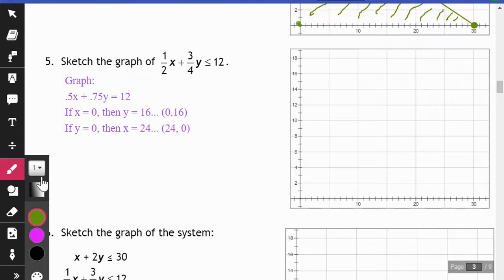I'm going to graph them in purple so that it matches. 0, 16 is right. Make that larger. And 24, 0. All right. Next, I'm going to connect them with a line.